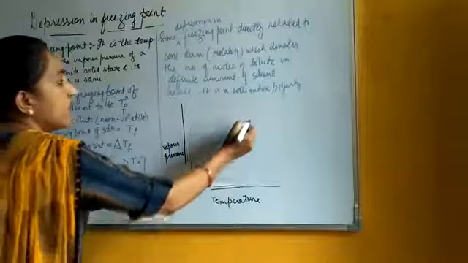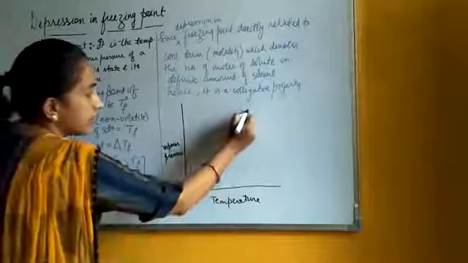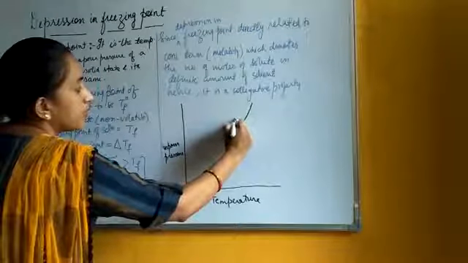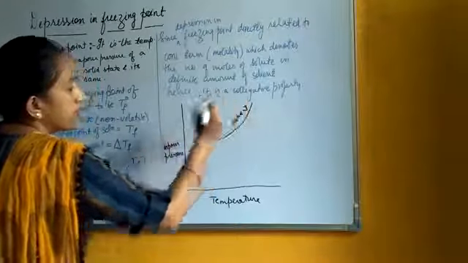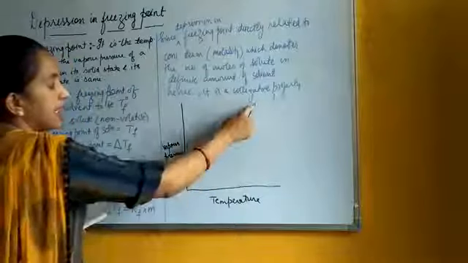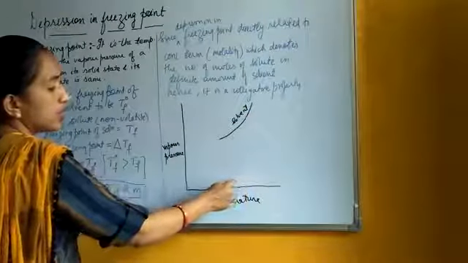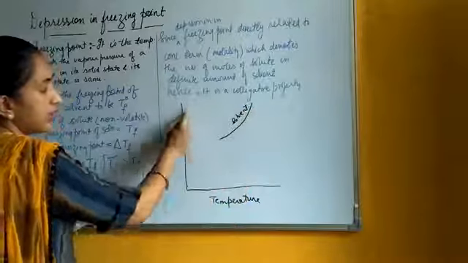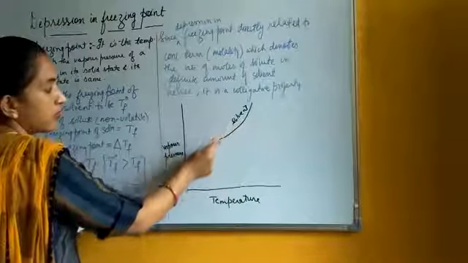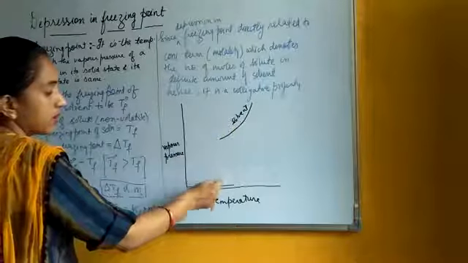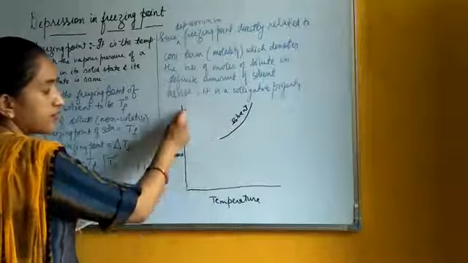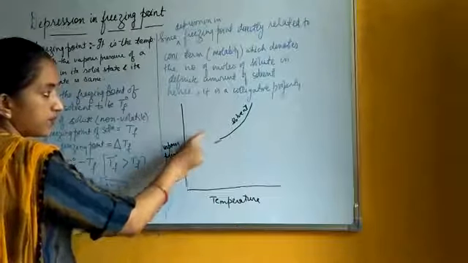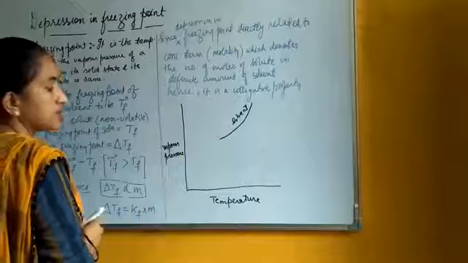Now, when we have only pure solvent, this curve is of the pure solvent. It indicates that when the temperature falls, the vapor pressure also falls. So for this particular temperature, there will be a lowering of the vapor pressure also. This is for the pure solvent.